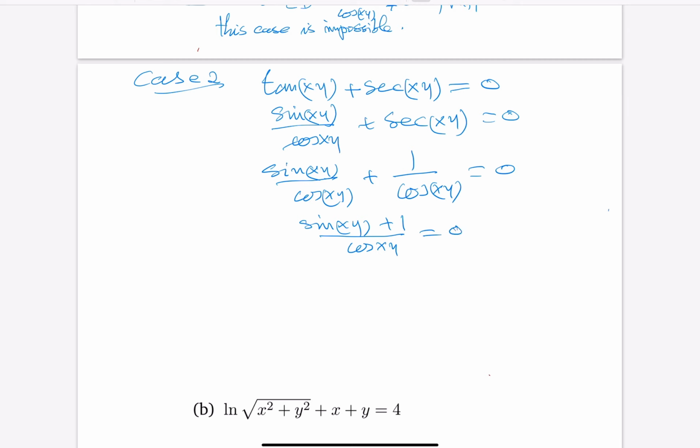So this one is only true if and only if sine of xy equals negative 1. What makes sine of xy equal to negative 1? For example, it is when you have sine of 2k plus 1, for example.